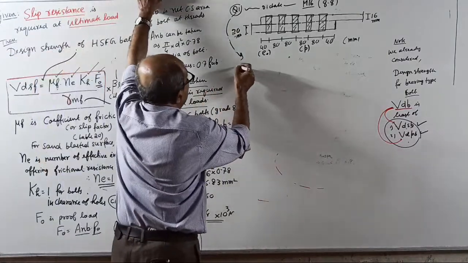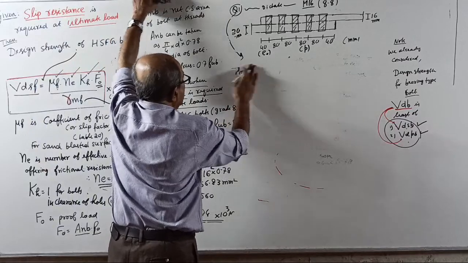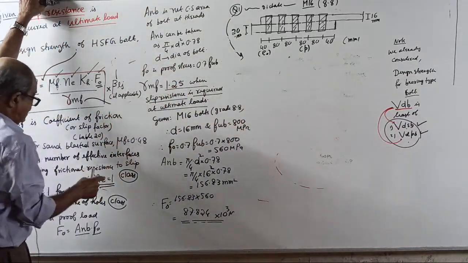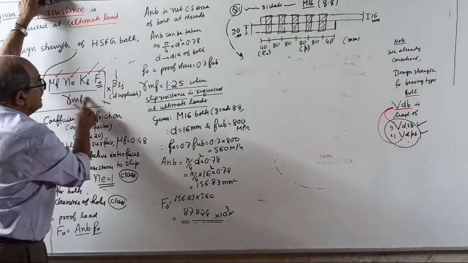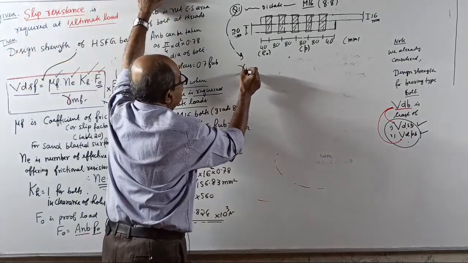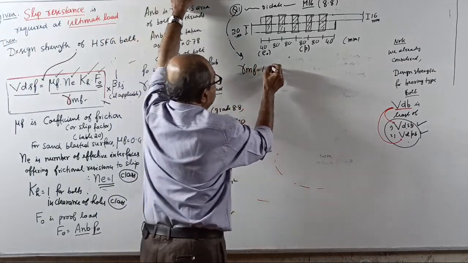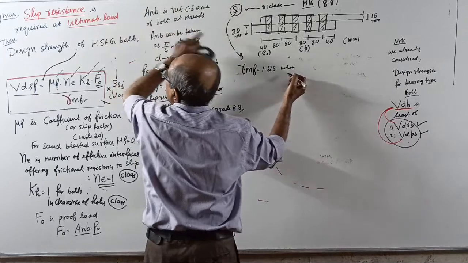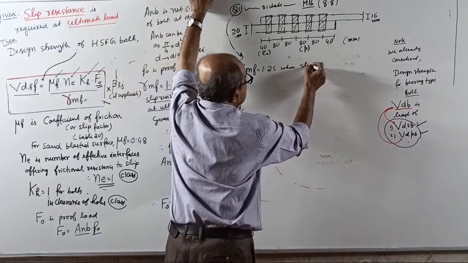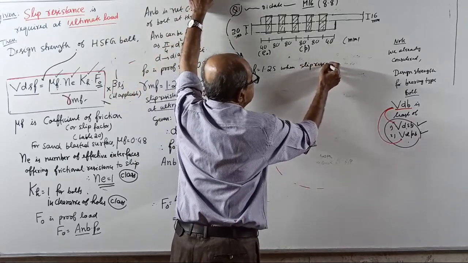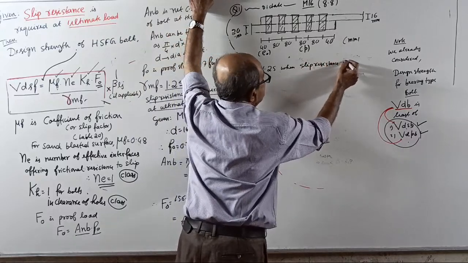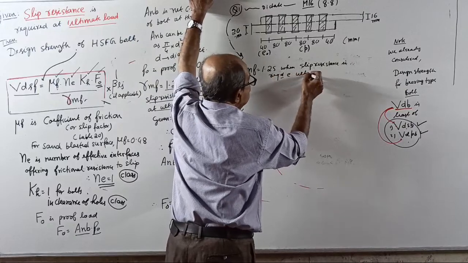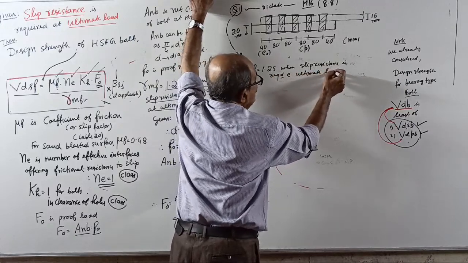I did not write it earlier, so I write here now: gamma mf equal to 1.25 when slip resistance is required at ultimate load. At ultimate load, it is 1.25.